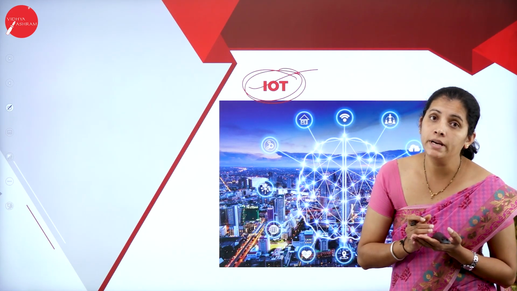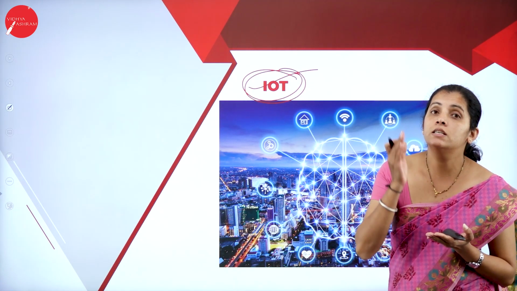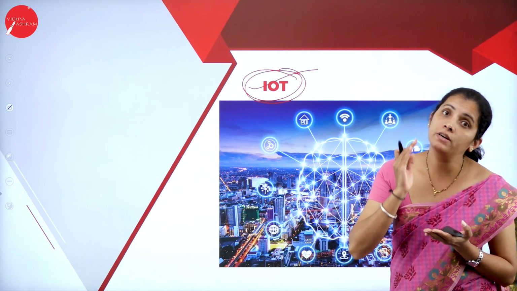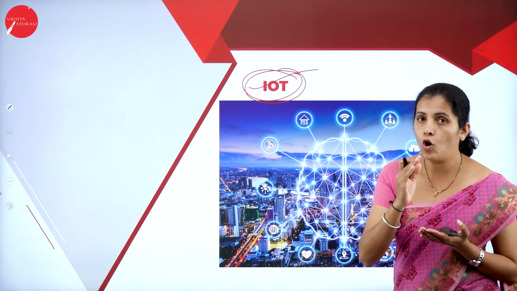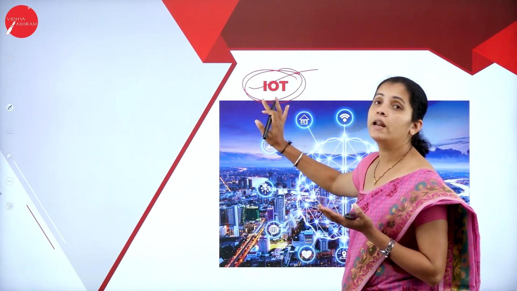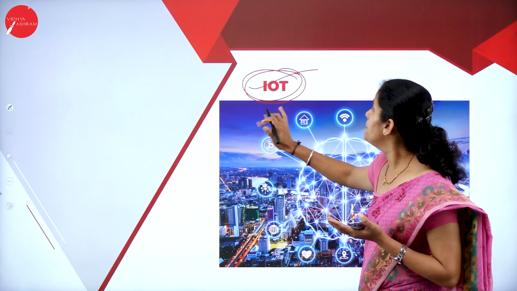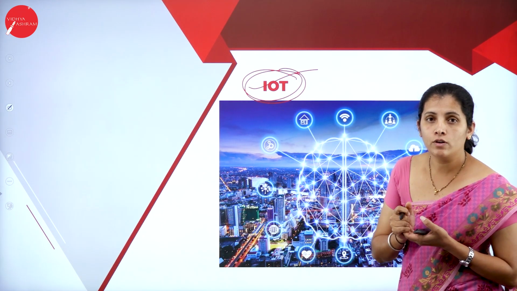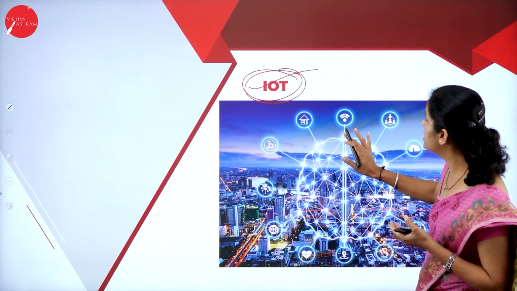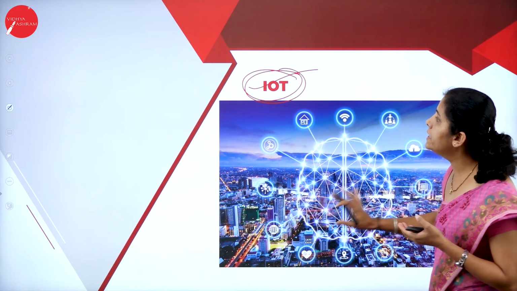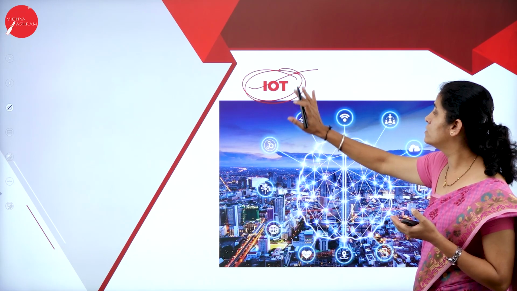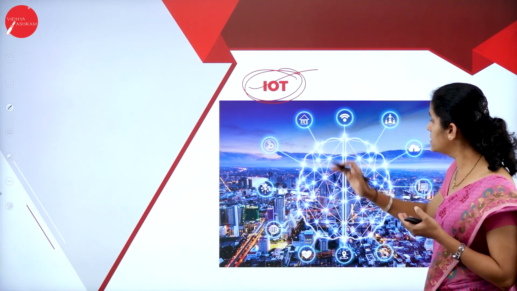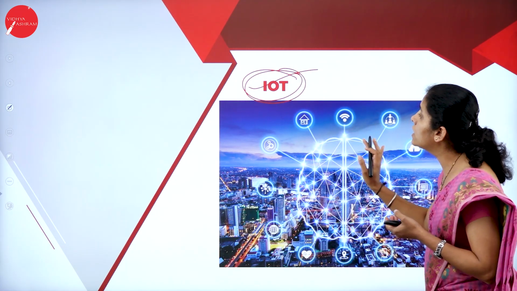I repeat that IoT is the description of a network of physical objects embedded with sensors, software and electronic devices. This gives the complete network of IoT, that is Internet of Things, and how they are controlled.